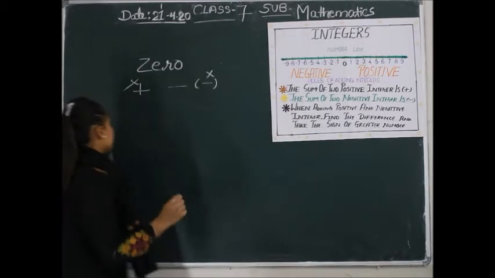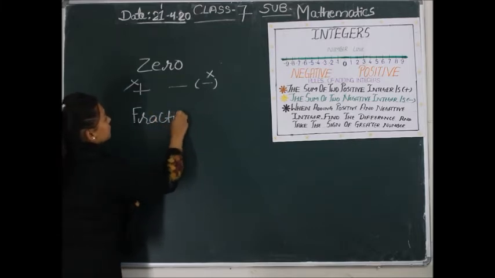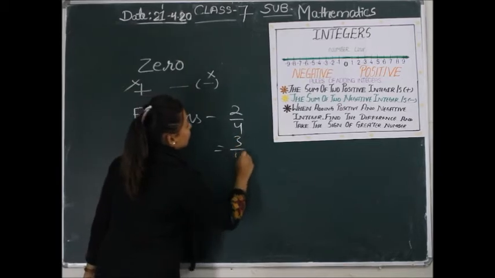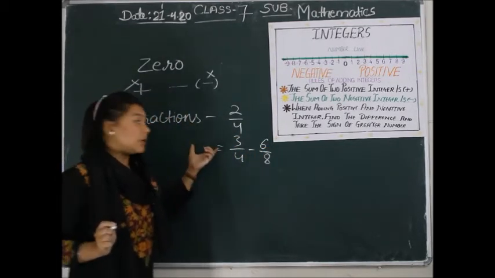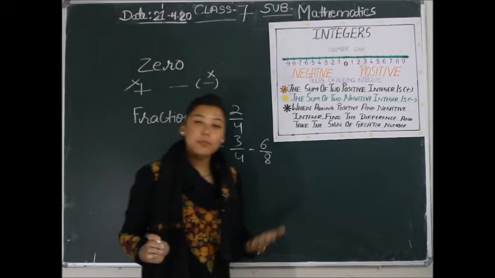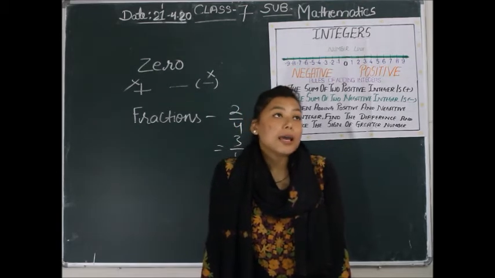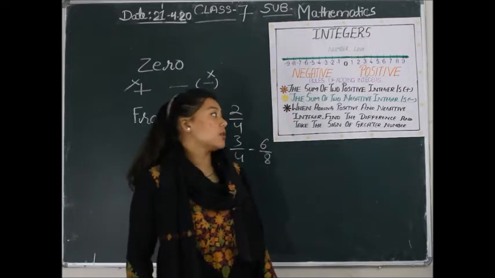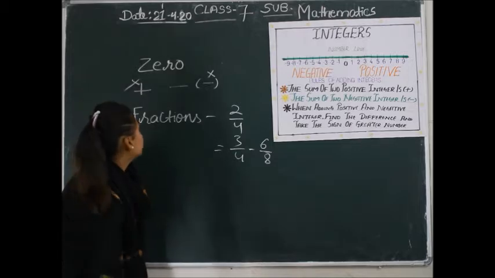Now numbers like fractions, like 2 by 4, 3 by 4, 6 by 8, all these numbers do not come under integers. And all the decimal numbers like 2.4, 3.4, 8.5, like that, do not come under integers. Fractions and decimal numbers are not integers.